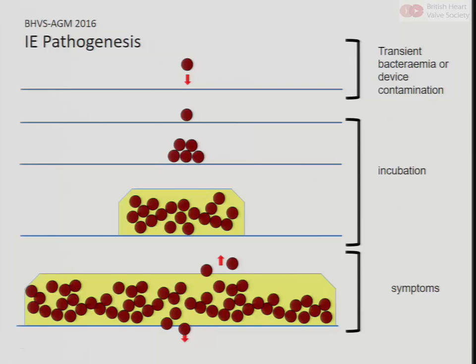Alternatively, infection can munch its way through your native valve structures, causing perforations and valve damage. But it's at this point that we see symptoms, and it's the release of bacteria into the bloodstream that we're trying to detect when we're using our diagnostic tests on blood samples.